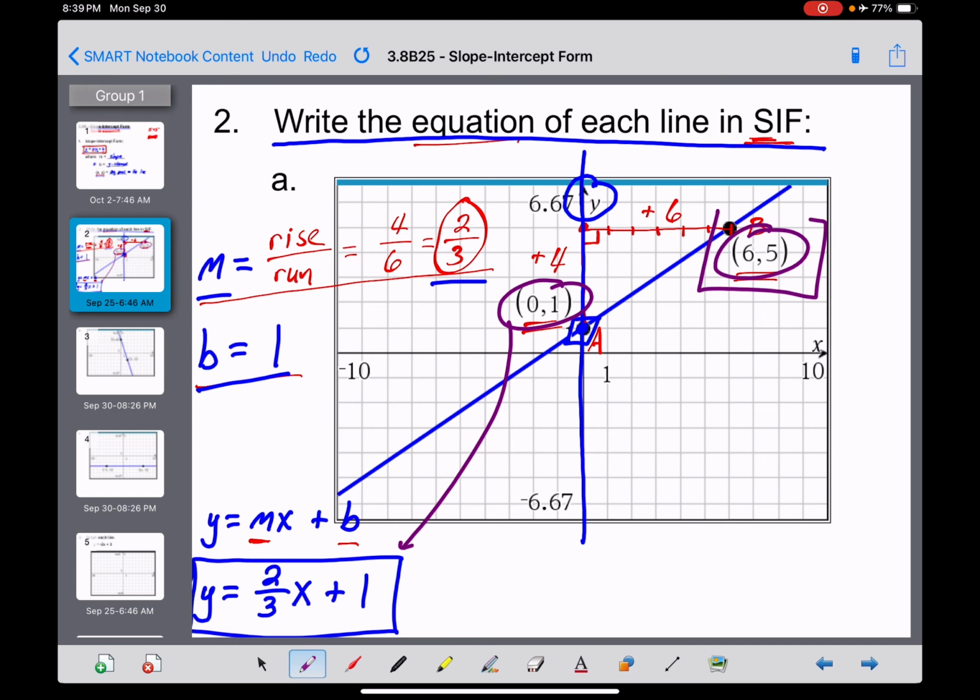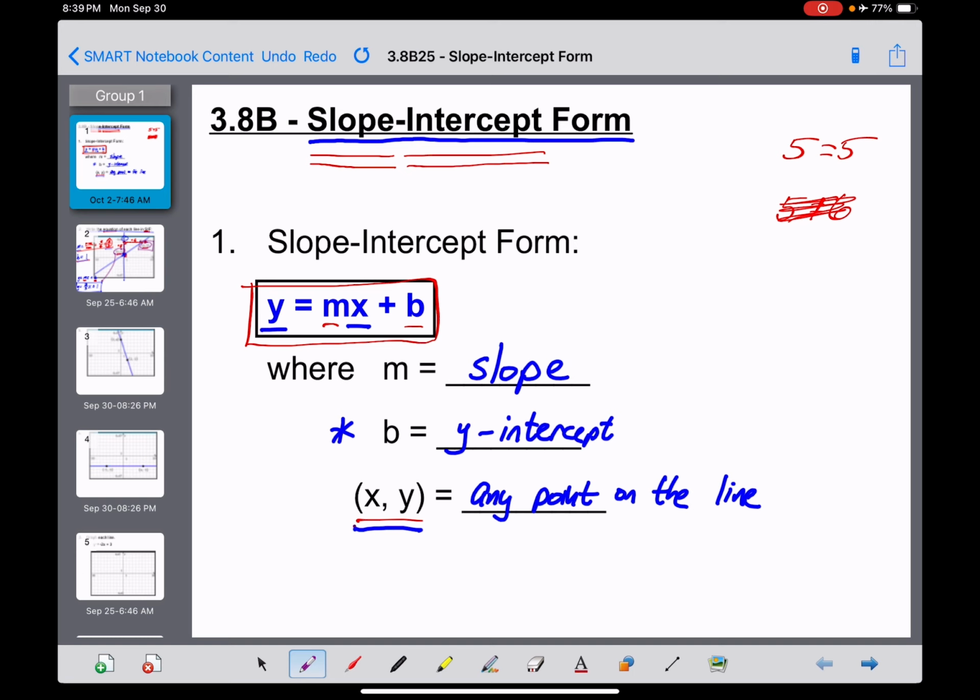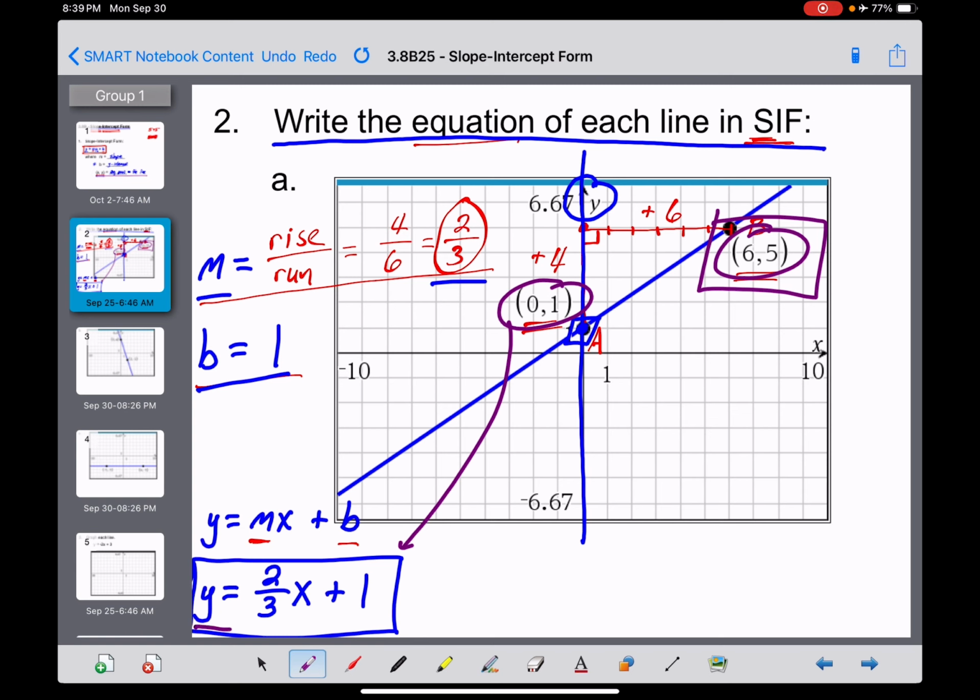I'm going to focus on this point right over here, guys. And remember what we said right here, that the x, y in your equation can represent any point on your line. So I'm going to take this equation right here and take this y value and this x value and substitute these two numbers in the appropriate place.